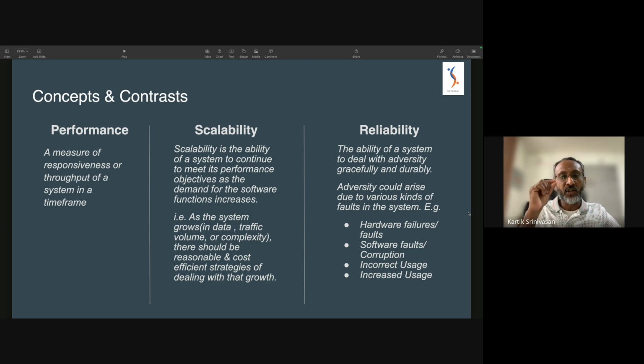So that is a measure of performance. And usually if there is a bike that can go from 0 to 60 in 4 seconds, versus another bike that can go from 0 to 60 in 7 seconds, you would say that the first bike is more performant, correct?